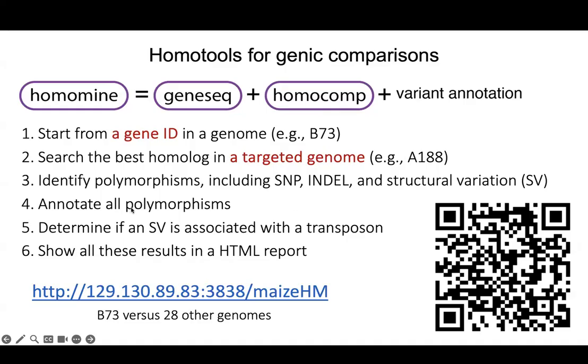We can provide you the polymorphisms between the different genomes, including SNPs, indels, and structural variations. We can also provide the annotations of the different polymorphisms, what kind of impact they have, and determine which structural variations are associated with transposons. So please scan the QR code and explore your gene of interest to find more polymorphisms. We would like to hear any feedback from you.